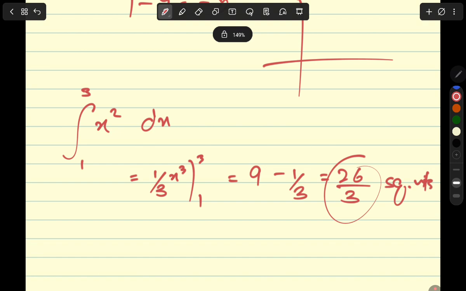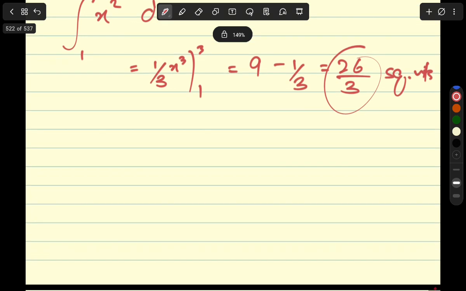Now, but don't rush. Most mistakes happen during substitution, when you substitute the values of the limits, right? Make sure that you're always doing upper minus lower. You first plug in this value in the integrated function, and then you plug in the other value. Let me do it one more time. Let's do another example actually.